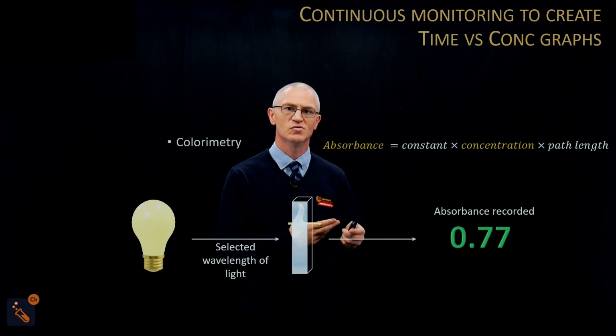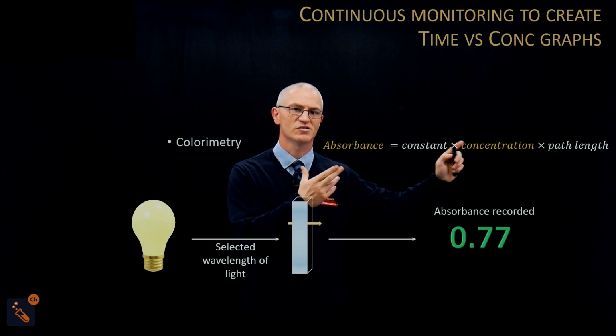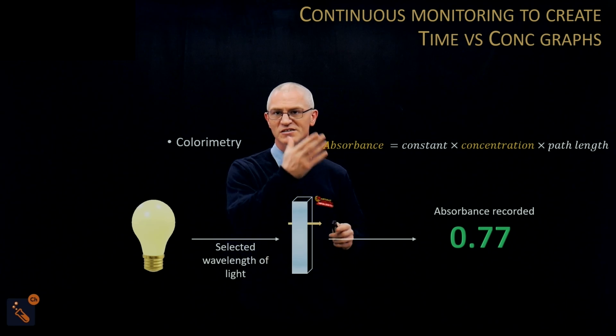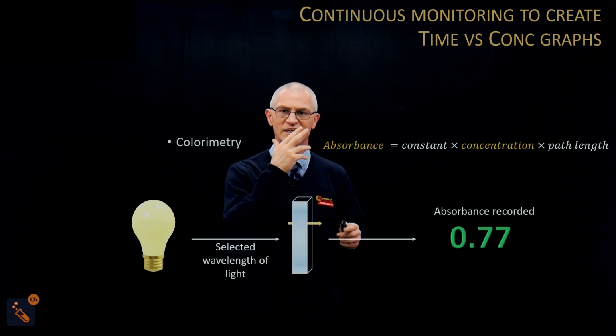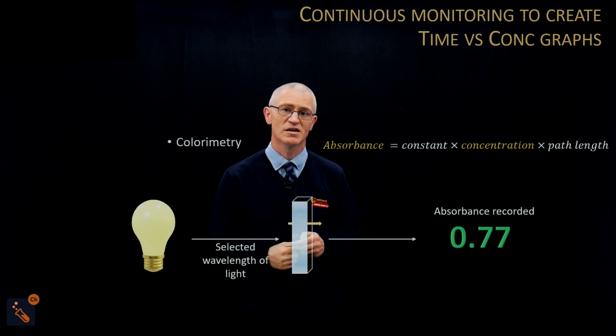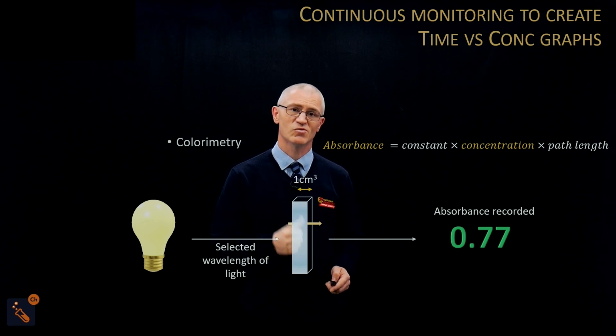Now there's something called the Beer-Lambert law, which is absorbance equals a constant times concentration times path length. You notice there's concentration there and absorbance. Now this isn't actually in your course, but it's important because you can see the link between absorbance and concentration. The path length is just the length here, normally about 1 centimetre.